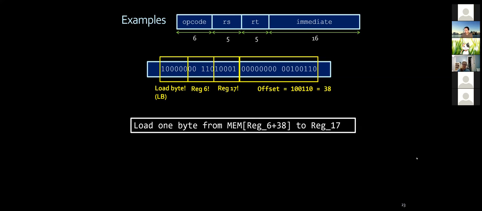So there is a question here from Jonathan. Why don't we add 2 zeros at the end of the offset this time? This is because we interpret that immediate value differently. Remember, I said that with branches we cannot branch into the middle, right? The last 2 bits are irrelevant because we cannot jump into the middle of instructions.